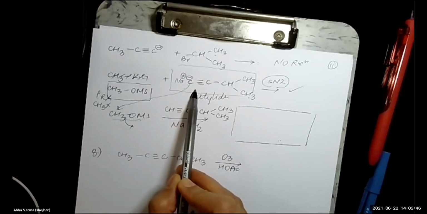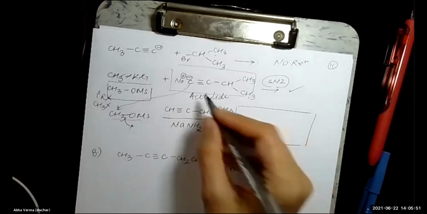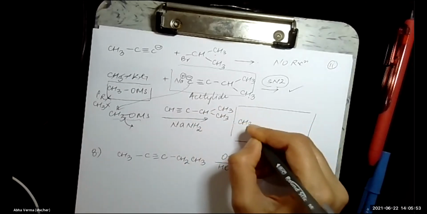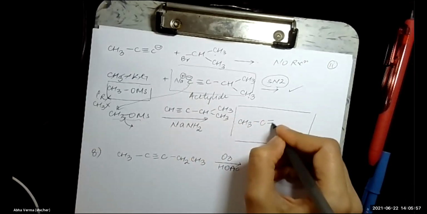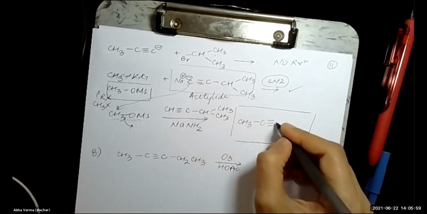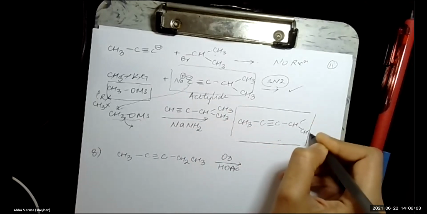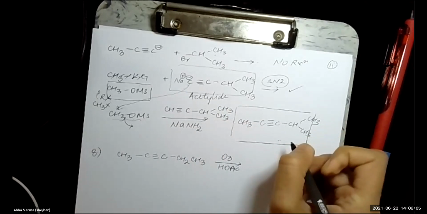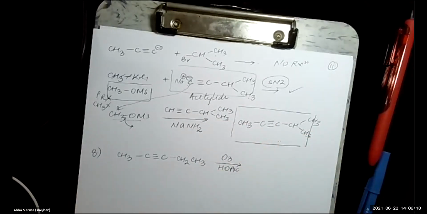Once this acetylide would be produced, the SN2 mechanism will go on, and we will get our CH3, this carbon right here, with the triple bond, the triple bonded carbon, CH, CH3. Okay, so we had looked up till here yesterday.